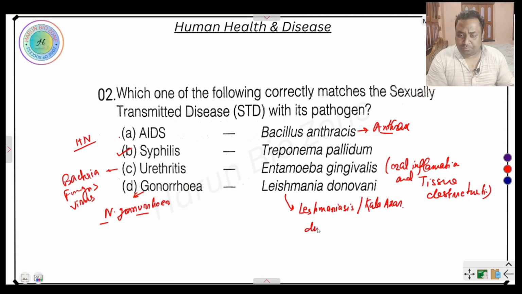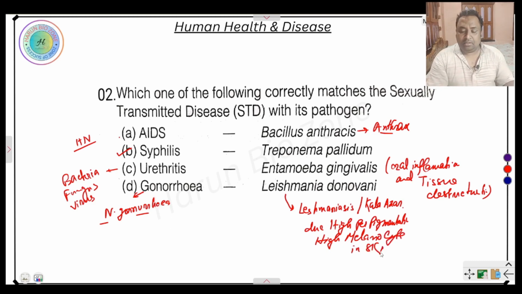Due to hyperpigmentation, meaning high melanocyte activity in skin, so the skin becomes black. So here the correctly matched option is syphilis, Treponema pallidum.